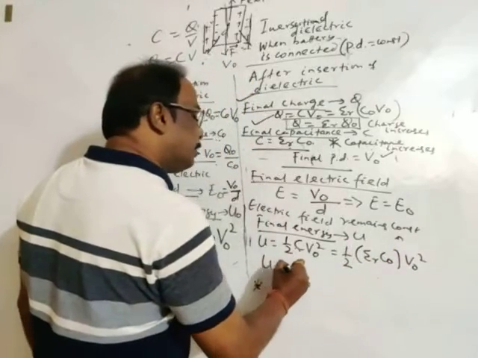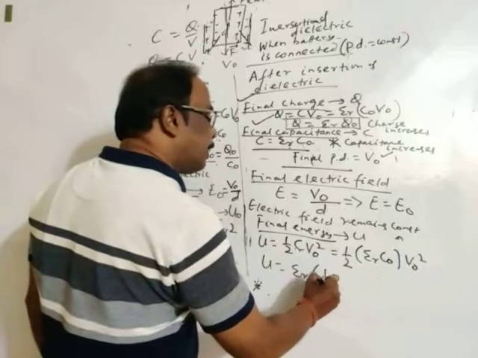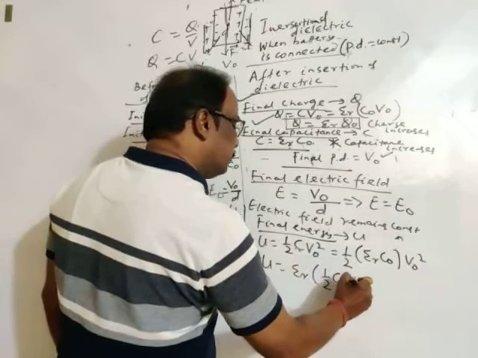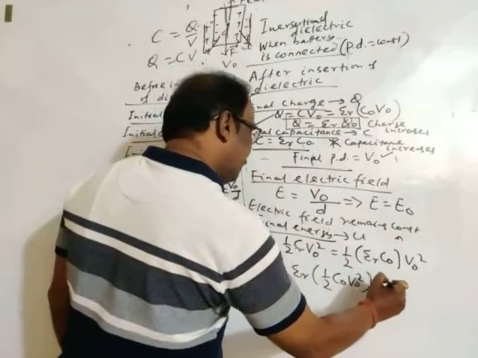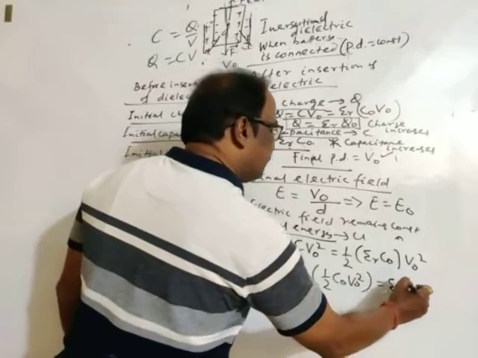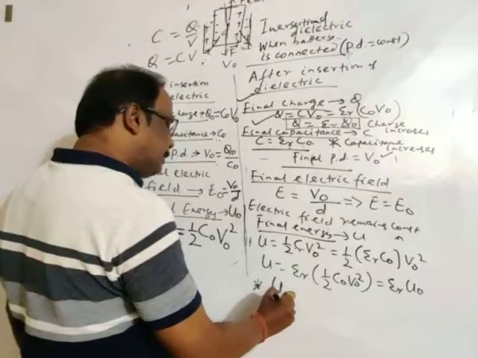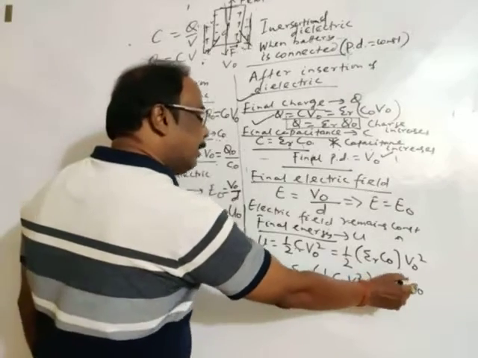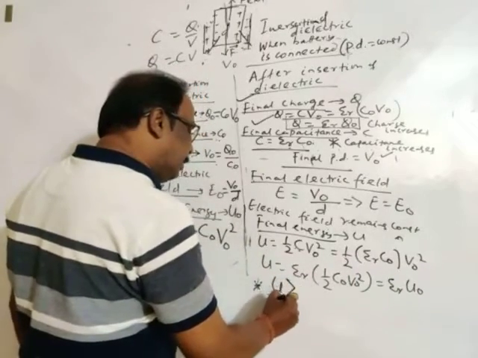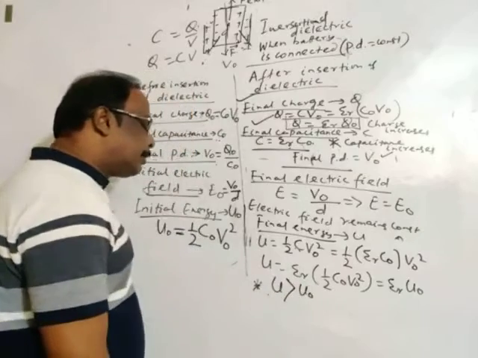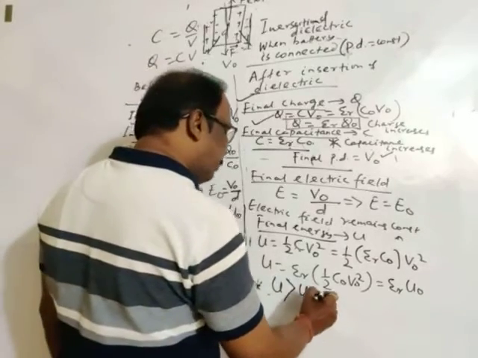So the final energy is epsilon r times half C naught V naught square, which equals epsilon r times the initial energy. So the final potential energy is epsilon r times the initial potential energy, which is more than the initial potential energy.